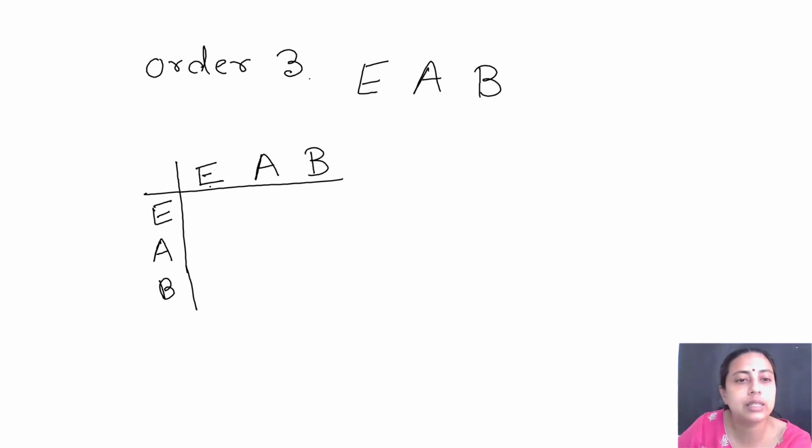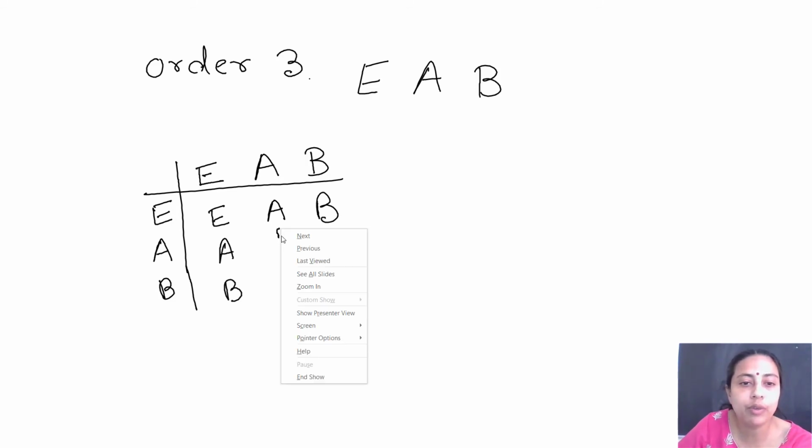As I know, the identity element multiplied by any other element gives me the same thing, so here I can write in the column E, A, B. Similarly in the row, when the identity element is multiplied by A and B, it gives me A and B.